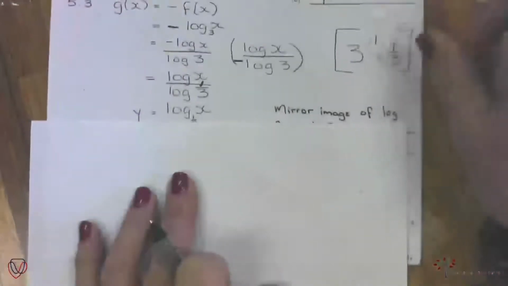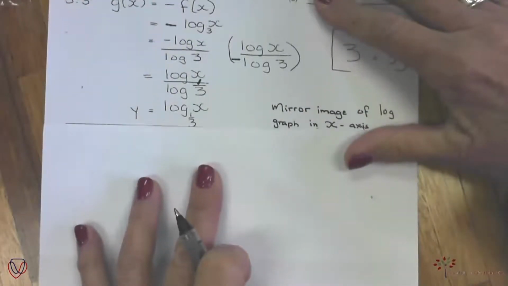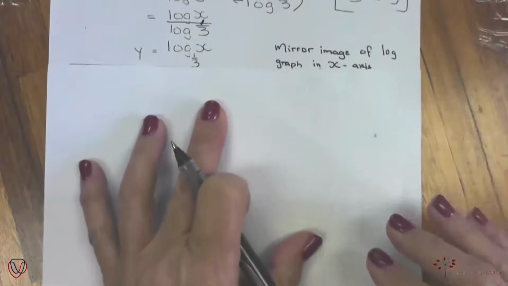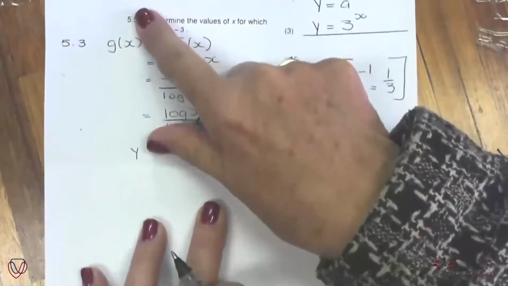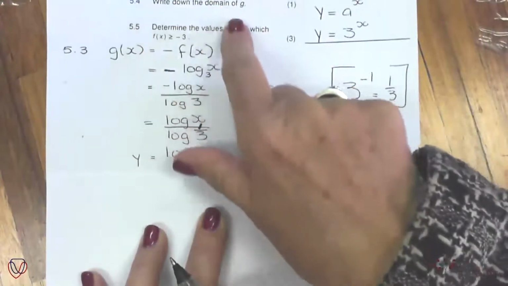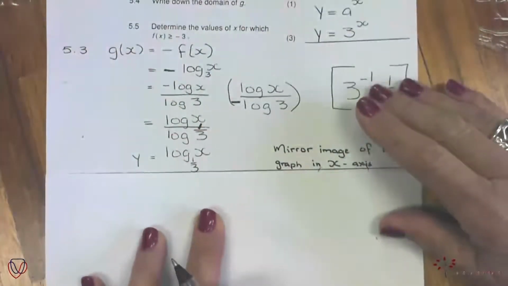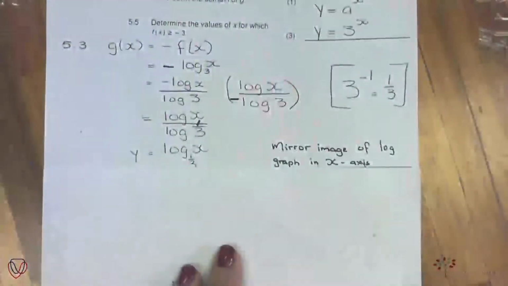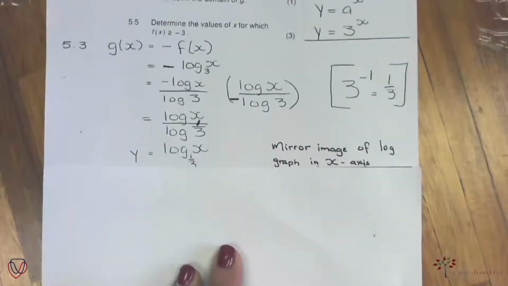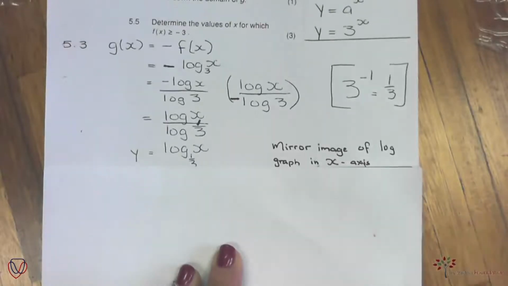Now I've done a few on the exponential graph, but there's still more to come. 5.4. Write down the domain of G. Now there's your G. And the domain is always the x values that the graph occupies.